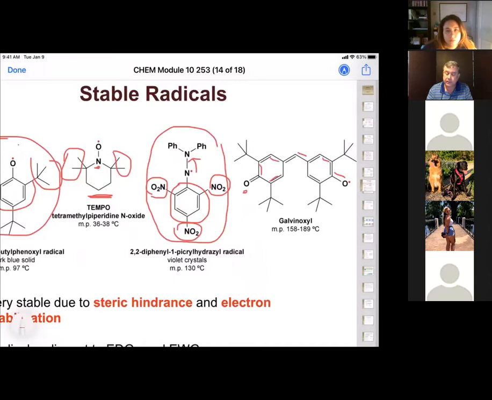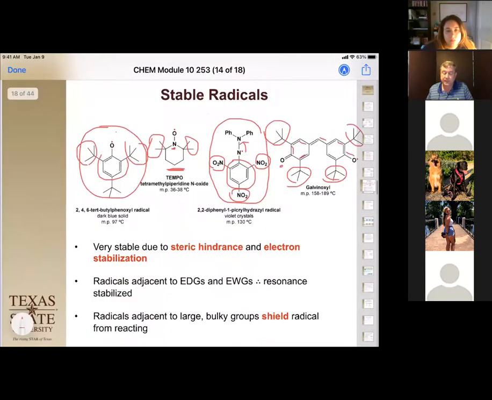Plus it also has the steric hindrance that lets it be stable. Okay. So these stable radicals are used in reactions so that we can start exactly a certain number of reactions at one time, because you put in exactly a certain amount of these stable radicals and then move to the different parts of the reaction mechanism.